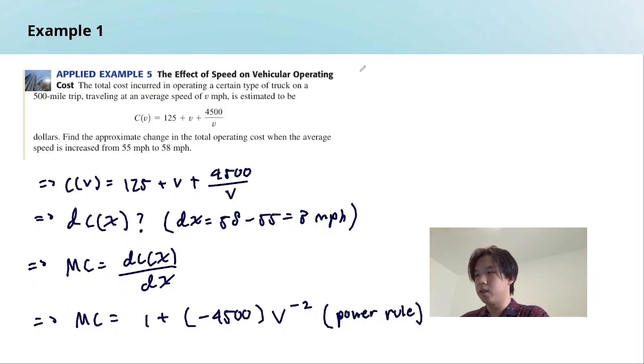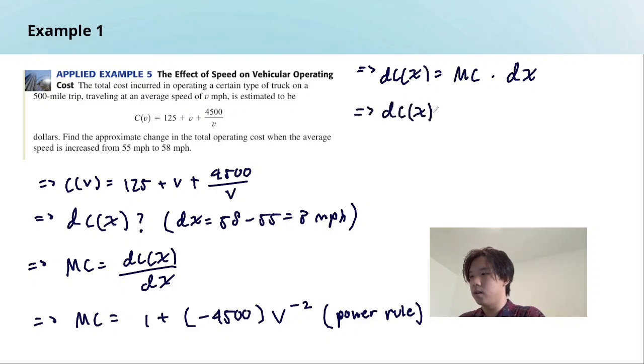Next, once we have the marginal cost, we're using this formula to find the change in total cost. So it will be marginal cost times the change in quantity of output. So dC(x) equals 1 minus 4,500 v to the power of -2.